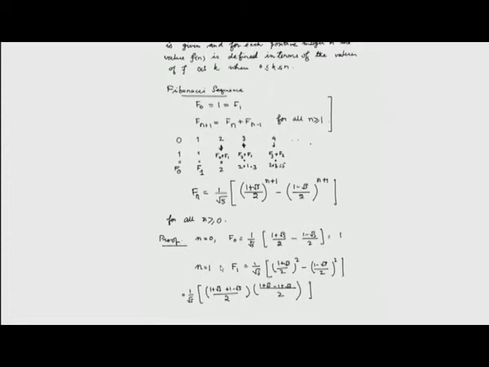Yes, and therefore, here it will get cancelled and this factor is equal to 1, whereas this factor is equal to square root of 5 and this gives me 1. So, we have checked that our formula given here works for n equal to 0 and n equal to 1.